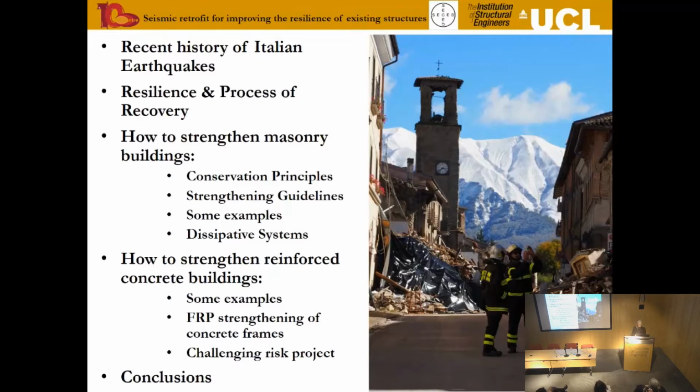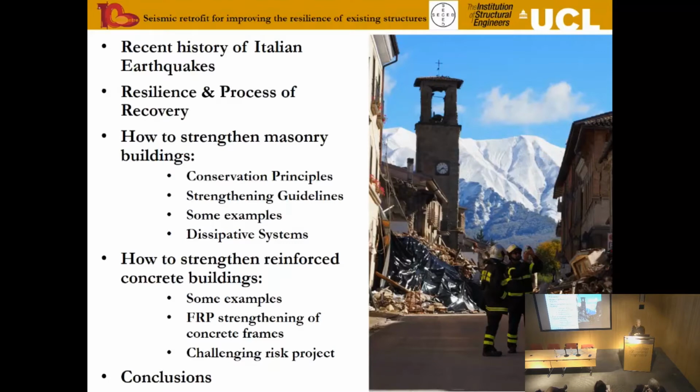So the talk tonight will be articulated in two presentations by myself and by my colleague Tiziana Rossetto. I will go through the recent history of Italian earthquakes, and the presentation will be mainly focused on Italy because it's really our experimental and field site continuously, unfortunately.